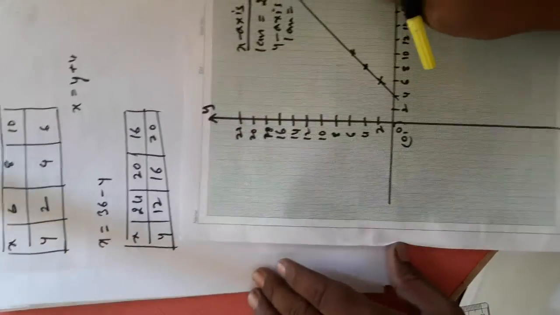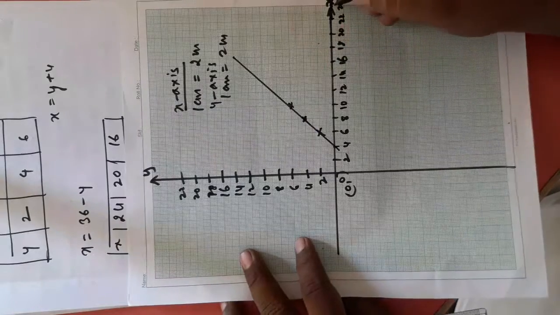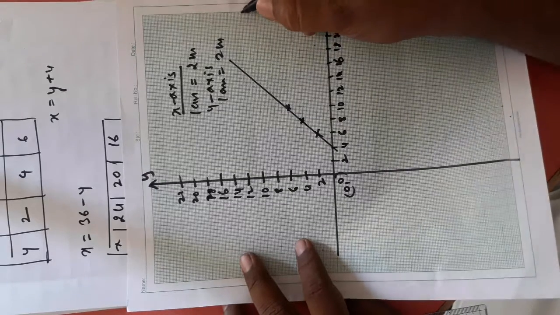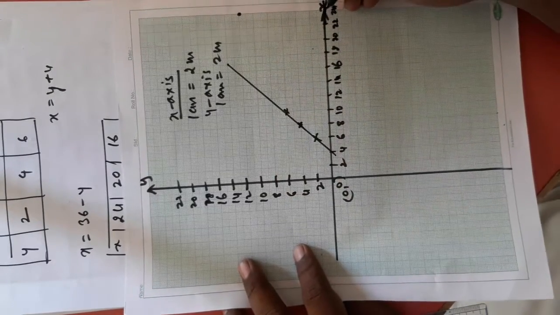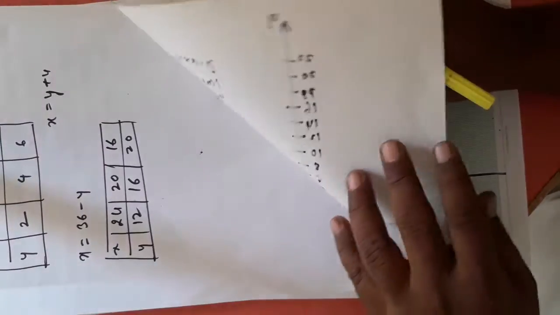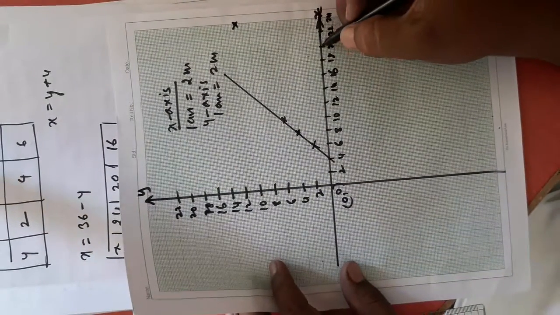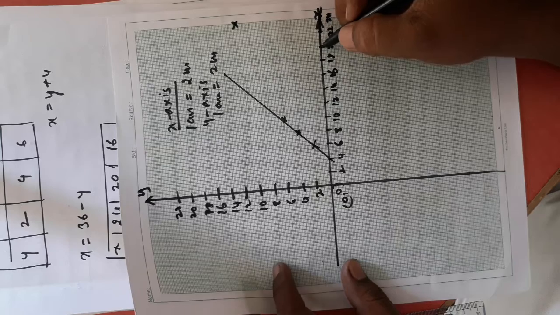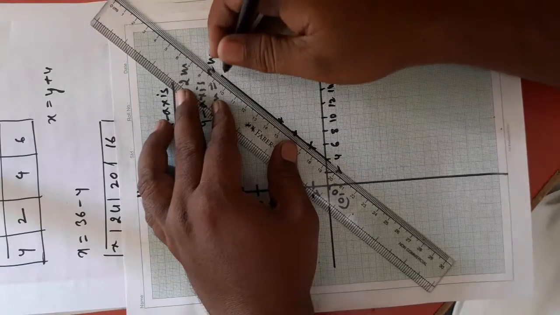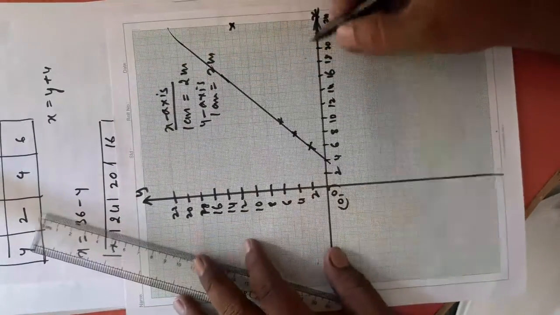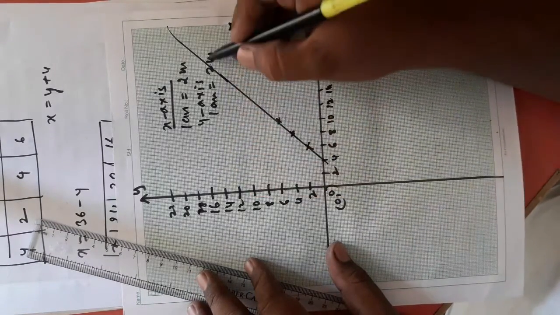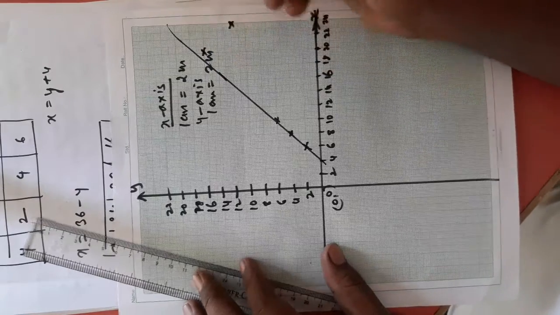This is x 24, then y will be 12 here like this. This is the extreme point at 24. Then another is there, 20 and 16: this is 20, this is 16, this is the point.